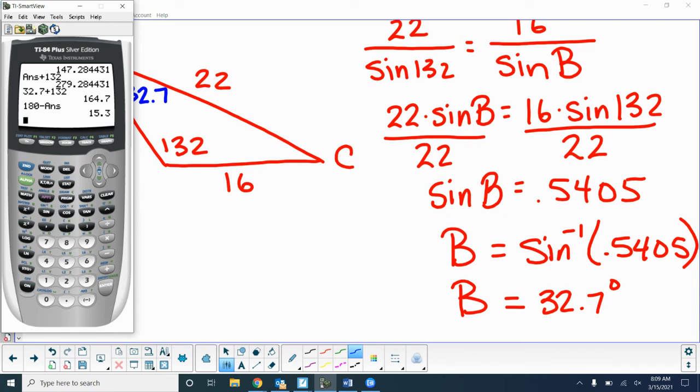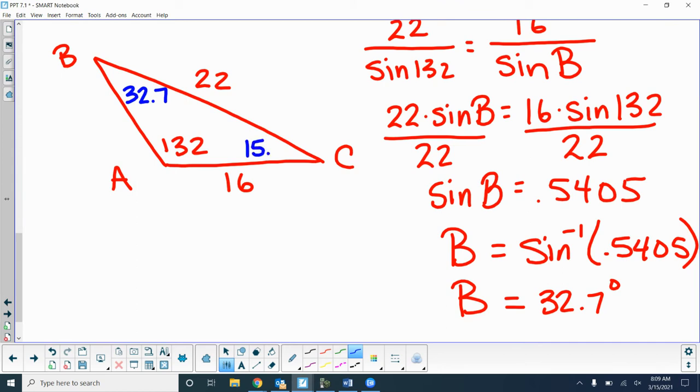So angle C is 15.3. Those three angles add up to 180 now. So I still have to figure out side C, all right?